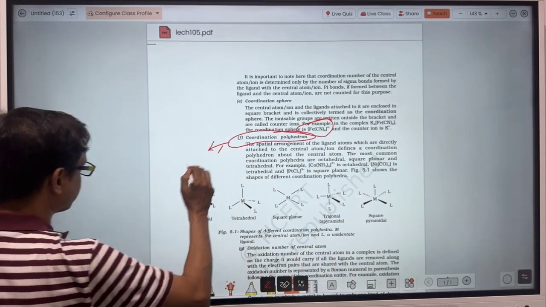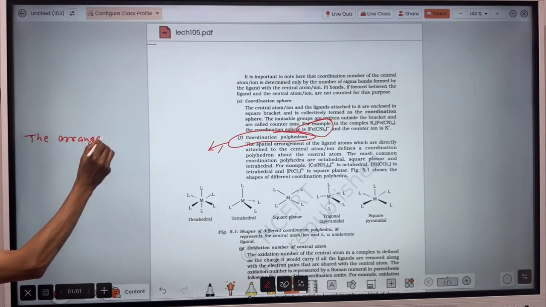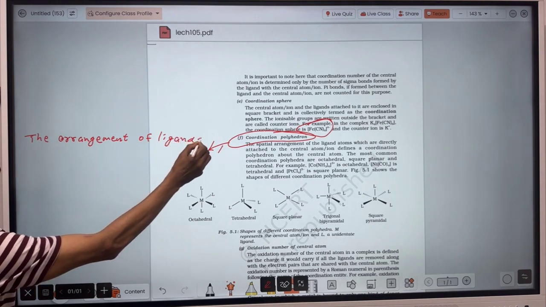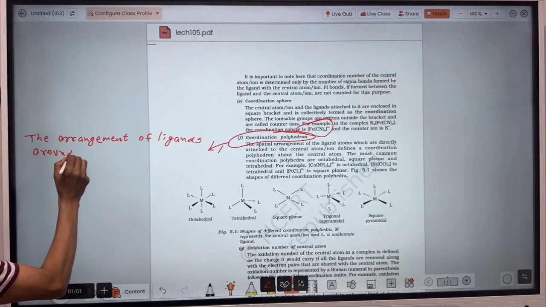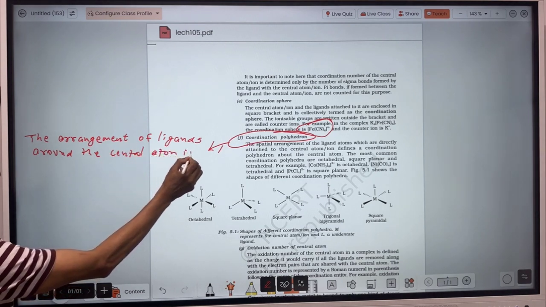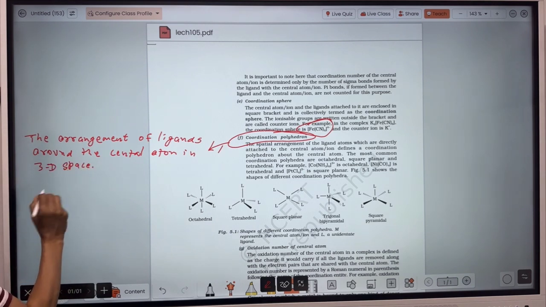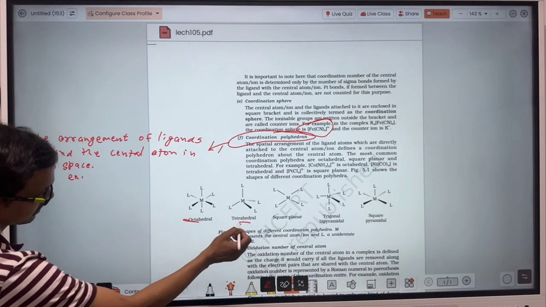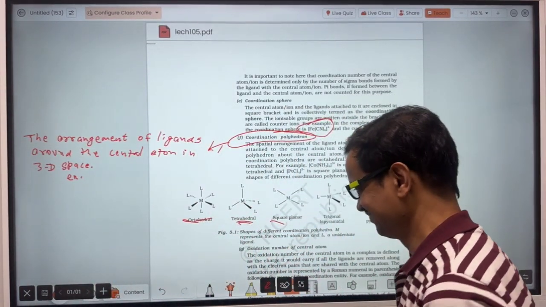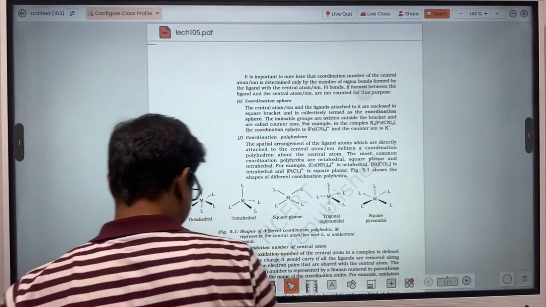For example, tetrahedral, octahedral, square planar, and so on. That is coordination polyhedron.